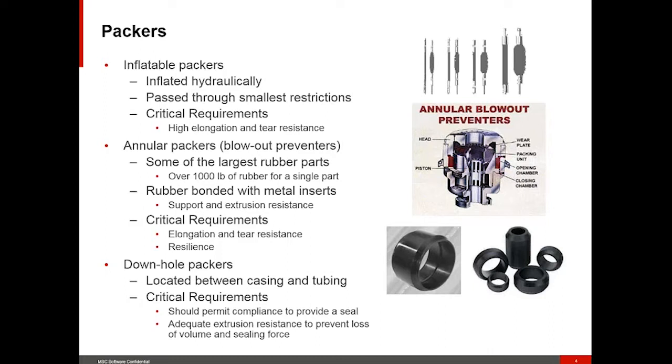Lastly, the downhole packers seal up the region between the casing and production tubing, helping prevent flow of corrosive fluids upstream, and also help minimize tube movement and thus preventing damage.